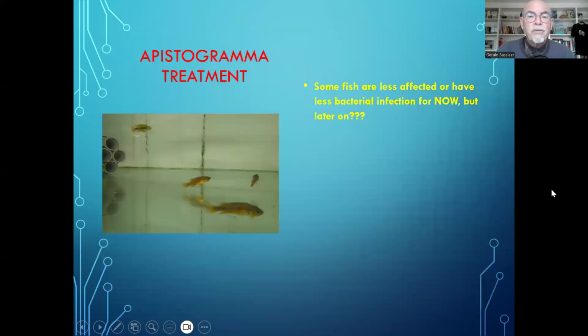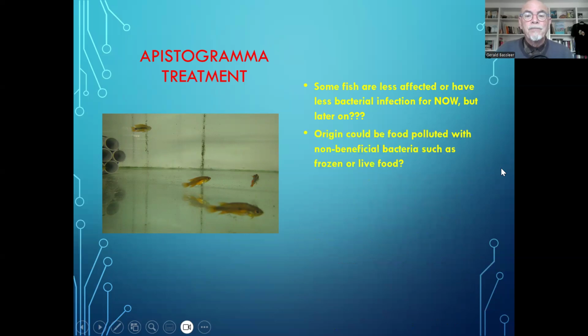So the treatment, well, you can imagine that some fish are doing better, still eating, have a chance when they eat to overcome the disease, to fight off the disease by building up a good immune system. But they might show later on this problem when the disease develops in the aquarium.